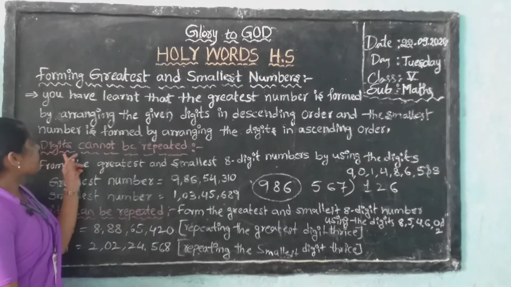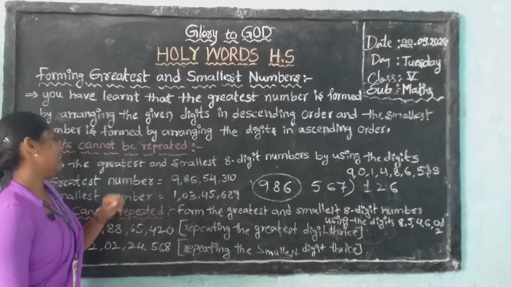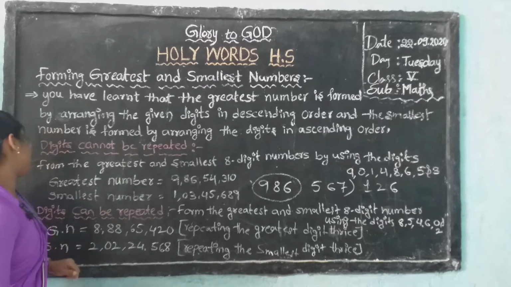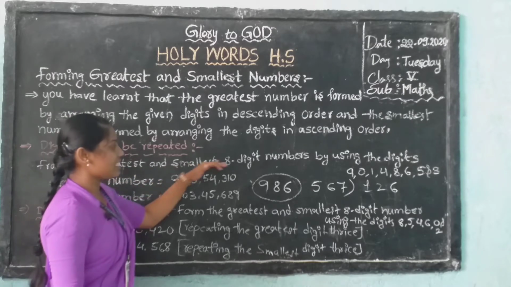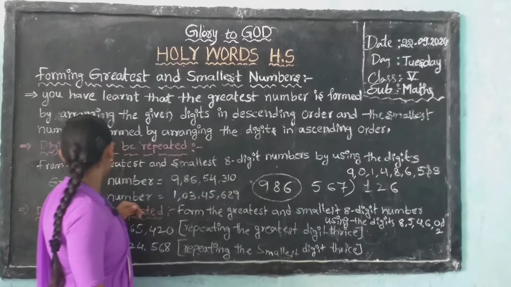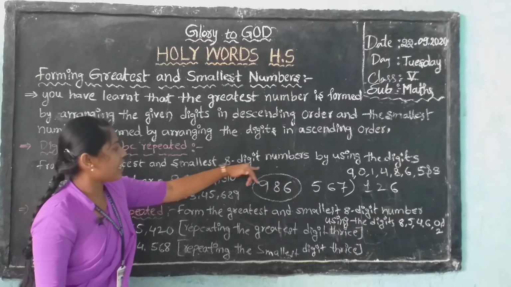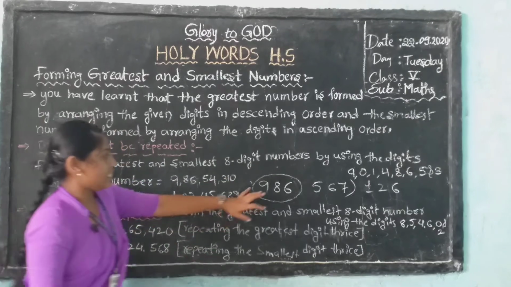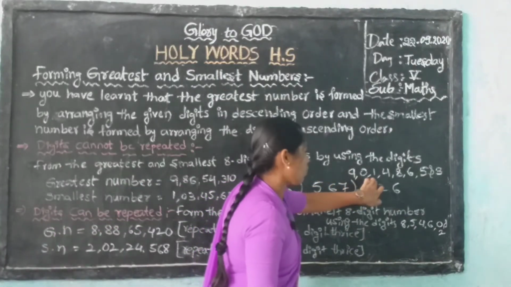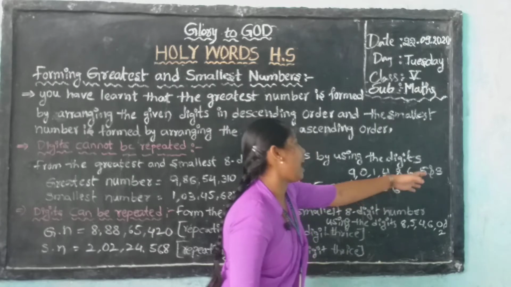Next, digits cannot be repeated. Form the greatest and smallest 8-digit numbers by using the digits 9, 0, 1, 2, 8, 6, 5 and 3.